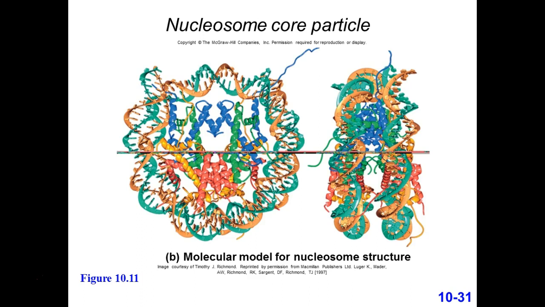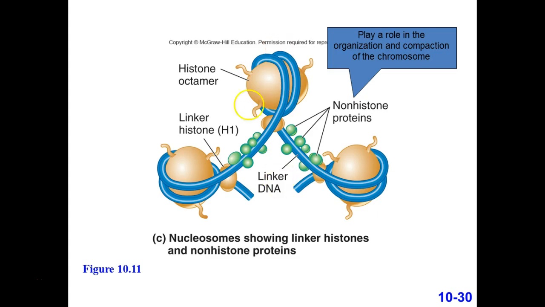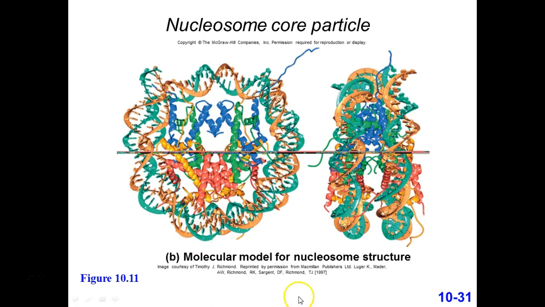So this is two different pictures, and I guess I should back up. Do you see how it makes two loops around? The DNA makes two loops around that core nucleosome. So it wraps around twice. In this side view here, you see the DNA is color-coded in orange and an aqua, greenish blue color.